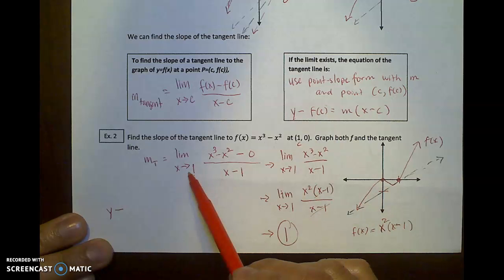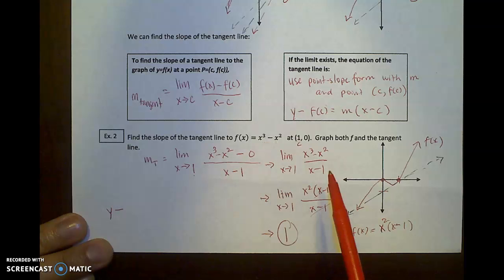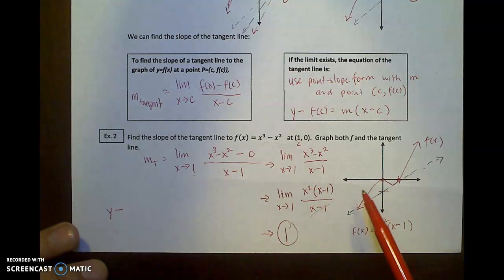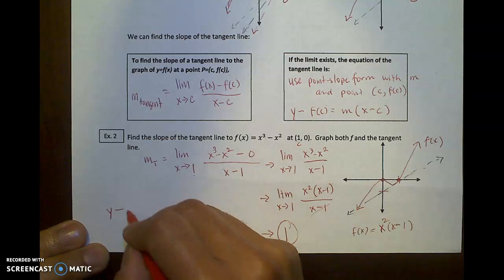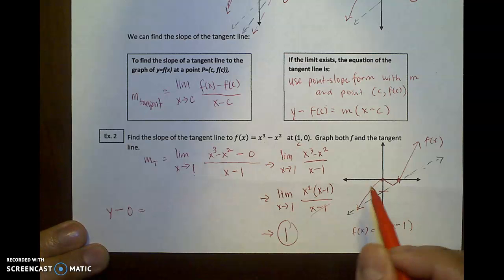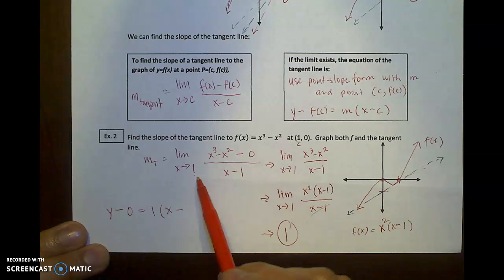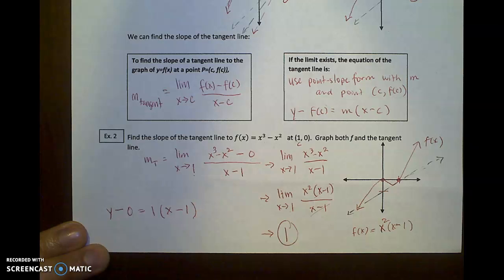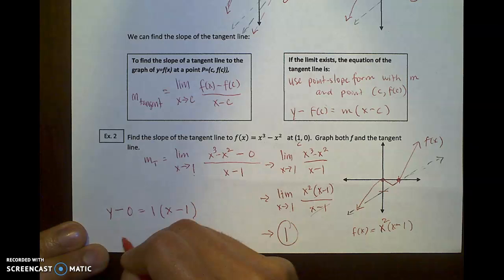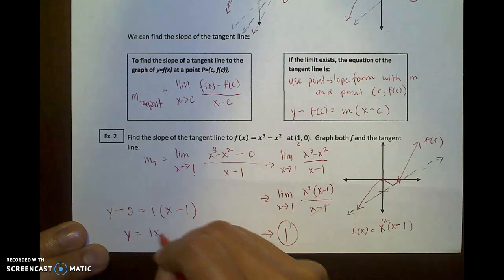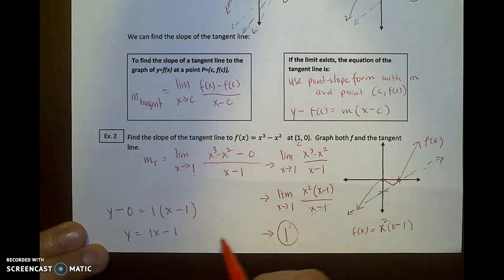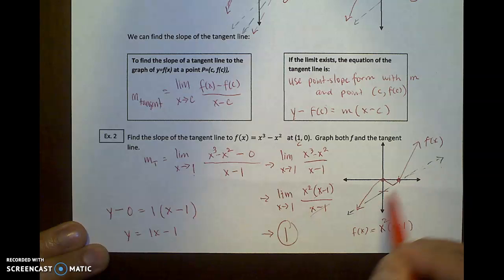So again, when we plug 1 in for x, I get 0, equals the slope of the tangent line, which again we found by evaluating this limit, is 1, then x minus our c value, and our c value is 1. Alright, so when we simplify this a little bit, we get y is equal to 1x minus 1. That's the equation of our tangent line.